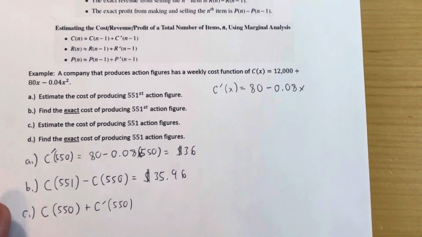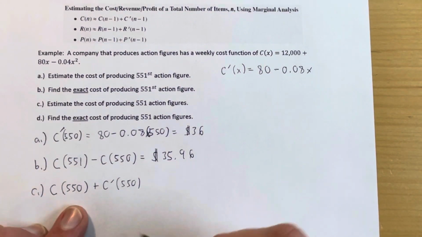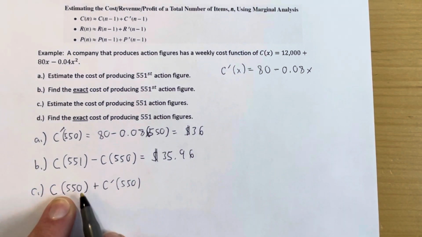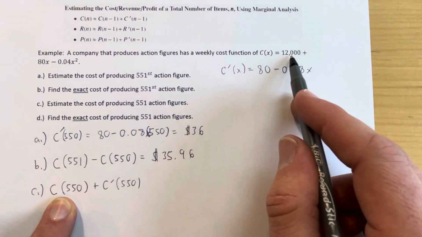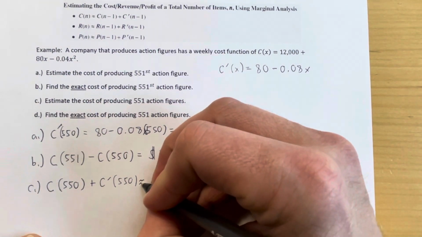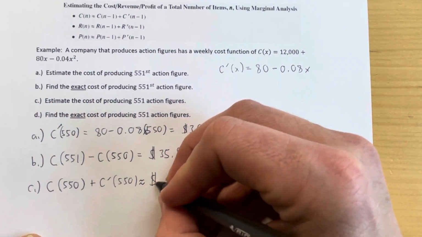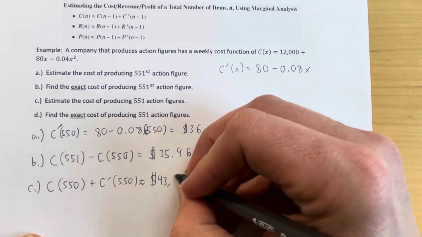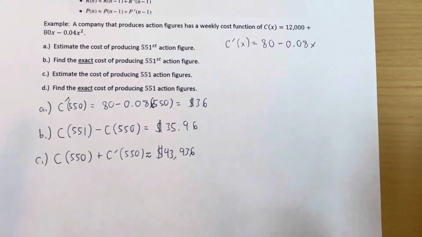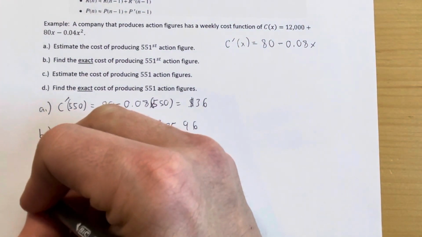That's what we were using for our approximation. I found C prime of 550 before, it was 36. I would just need to plug 550 into my original cost function, add it to that 36 and see what I get. This gives me an approximation of 43,936.